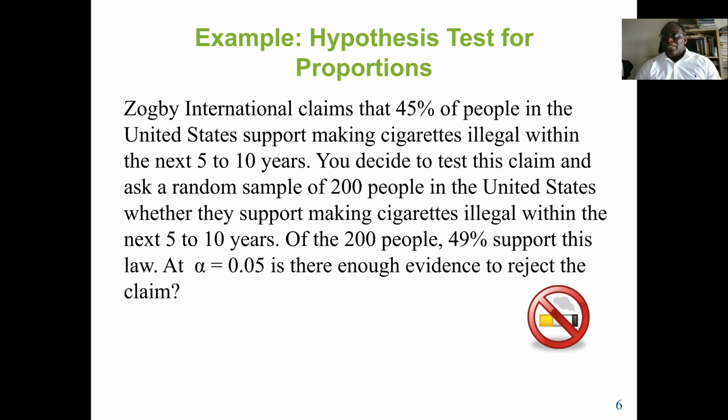You can see that this is average weight, the mean, so I'm using hypothesis testing for the mean. Here, they give us a percentage, a proportion. The question states a claim about a percentage of people. We don't calculate their weight, mean, or height, or anything quantitative. So this would be more or less a count.